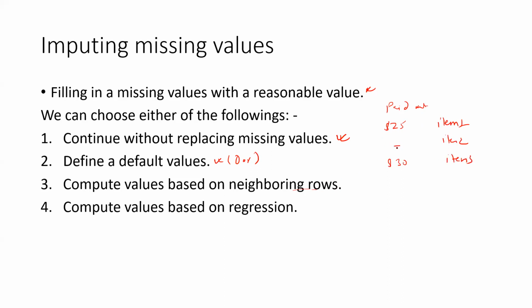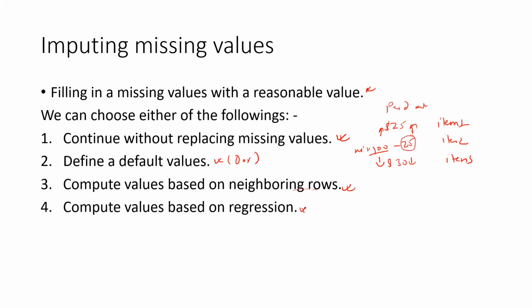Neighbor means it looks at the corresponding rows up and down and incorporates the value. So the neighbor has 25, let's add 25 in the missing row. This is look up or look down. We can apply either and impute the missing values. This is my third technique.